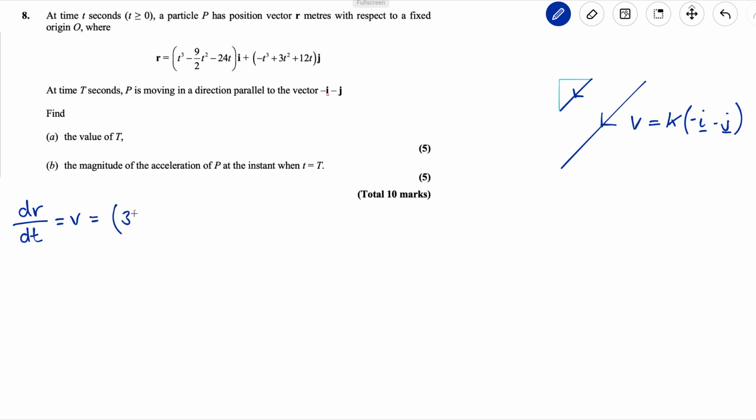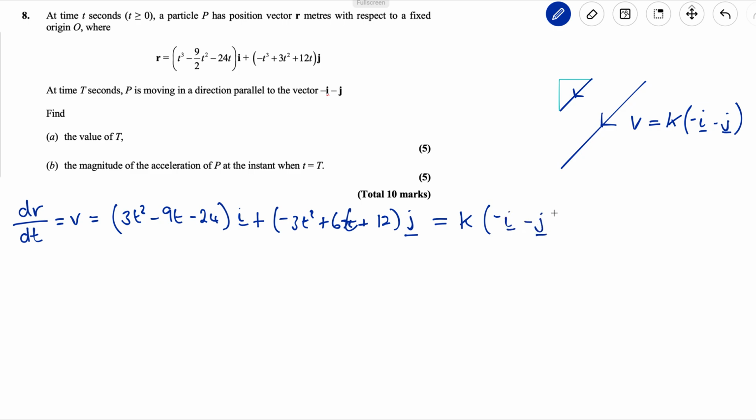So that will be (3t² − 9t − 24)i + (−3t² + 6t + 12)j. And that, as I've said, is equal to a scalar multiple of −i − j.